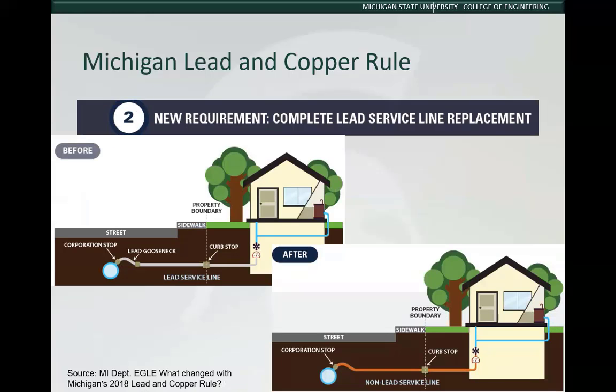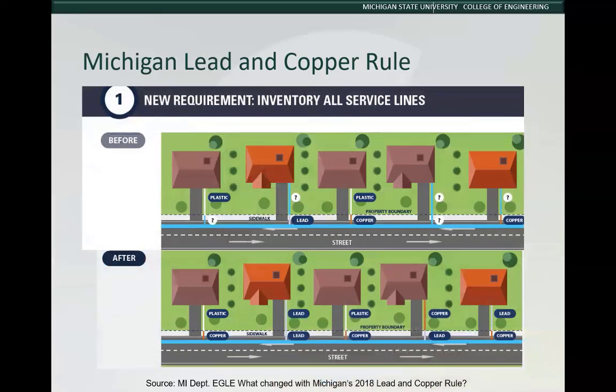Another requirement is that utilities will be required to replace the lead service line, and they must do a complete replacement. So for instance, let's just look back here, what you see here is copper and lead, copper and lead.